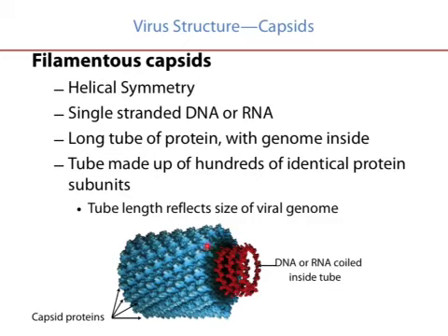That is, the proteins that make up the capsid, each protein is identical, but all of the components fit together in a helix. And it forms this long tube of protein, and the genome is coiled inside of it. And once again, the genome of the virus only needs to encode 1 or 2 different proteins to make this big capsid.